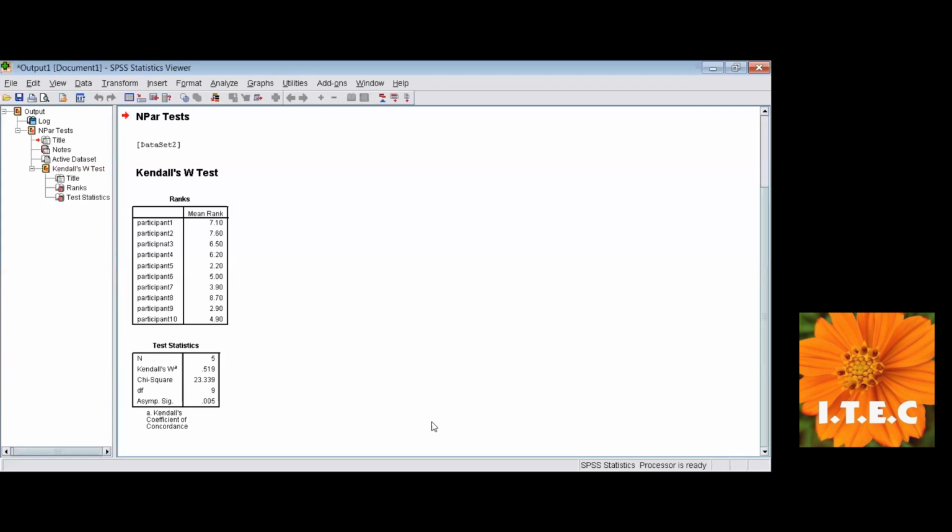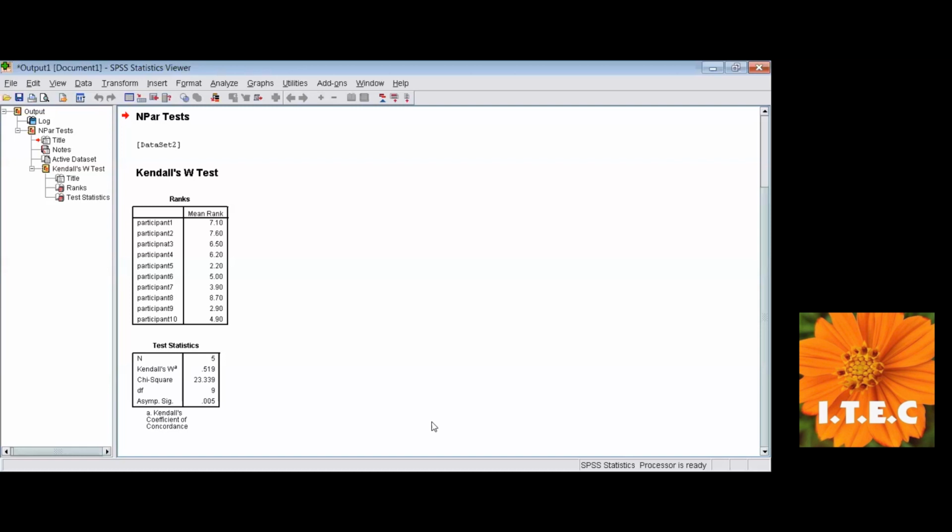Another is 6.50, another is 6.20, another is 2.20, another is 5.00, another is 3.90, another is 8.70, another is 2.90, another is 4.90.